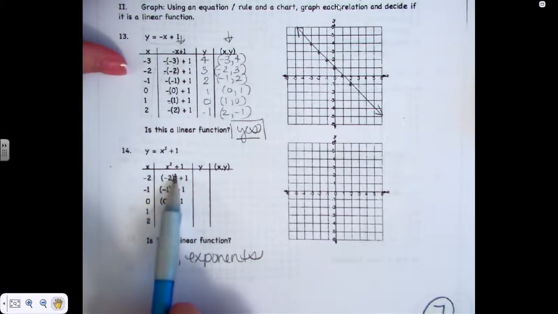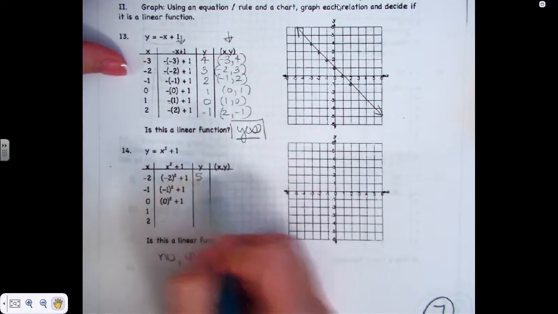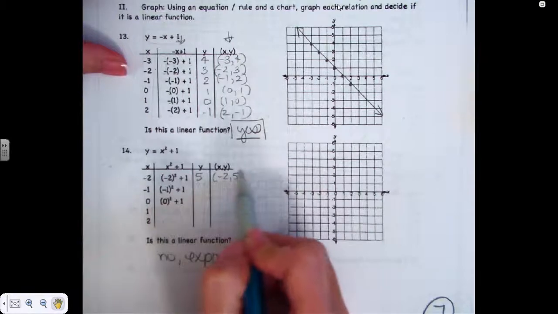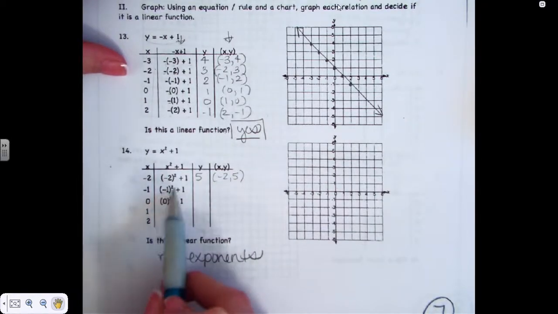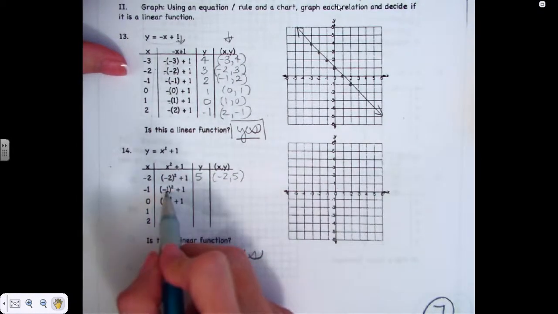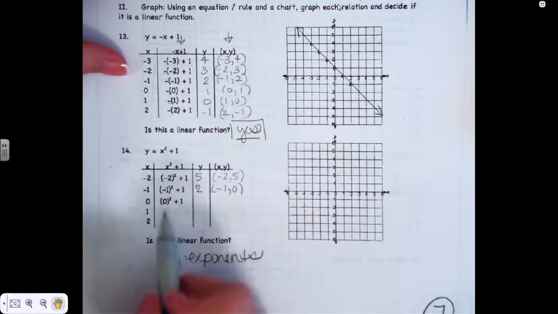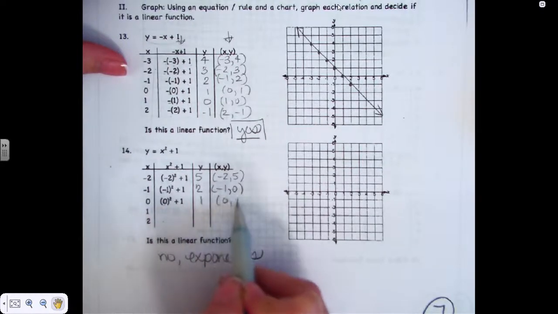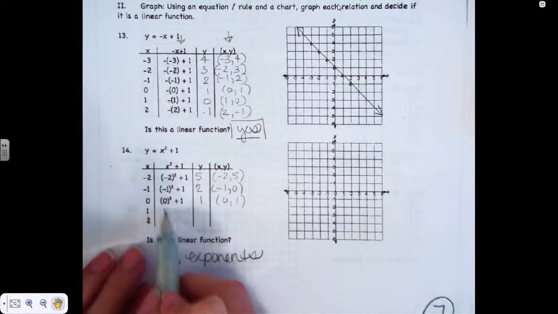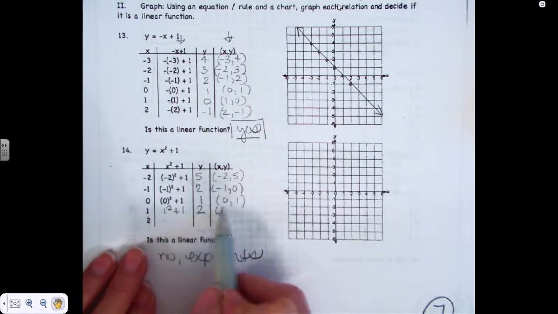-2 squared. The negative's inside, so -2 times -2 is +4, plus 1 is 5. -1 squared is just 1, plus 1 is 2. 0 squared is 0, plus 1 is 1. Now here it's asking for me to do it. So 1 squared plus 1: 1 squared is 1, plus 1 is 2.